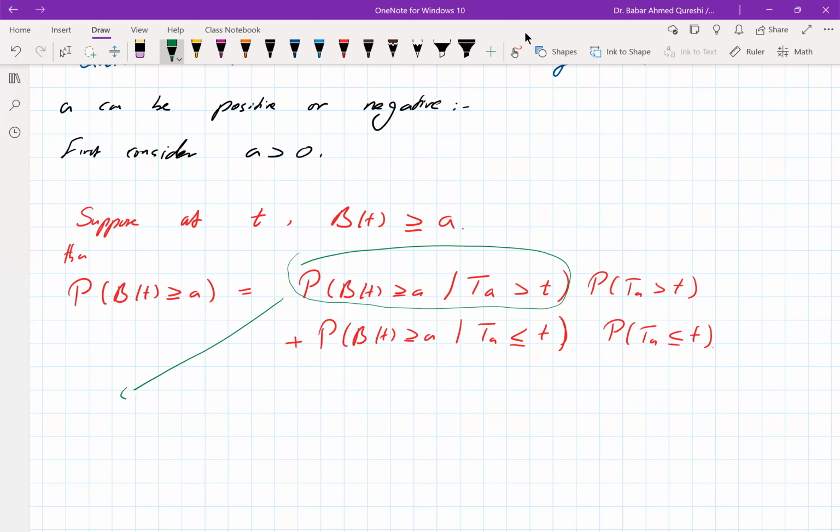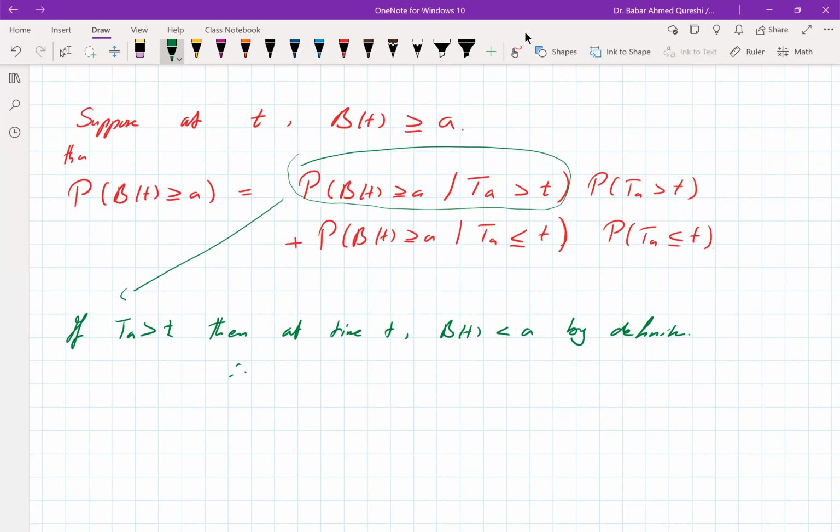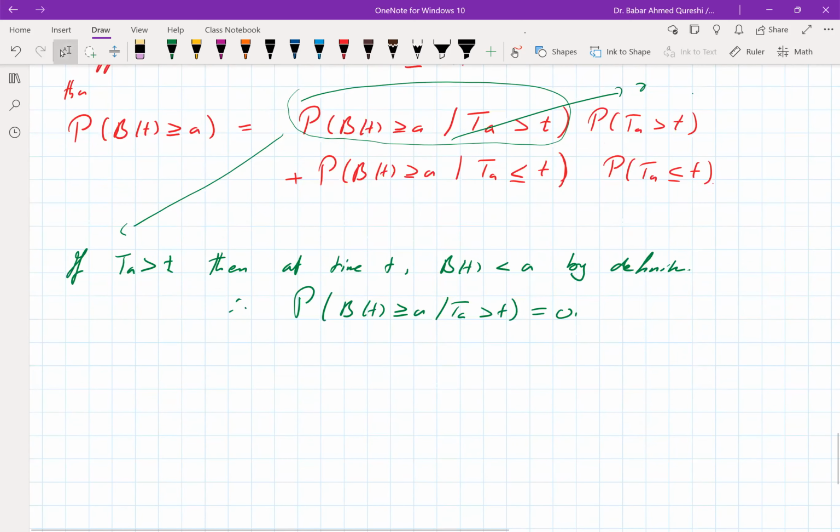If that is so, then at time t, B(t) has to be less than A. Therefore, this probability that B(t) is greater than A has to be 0. So this term goes away and I'm left with this term.